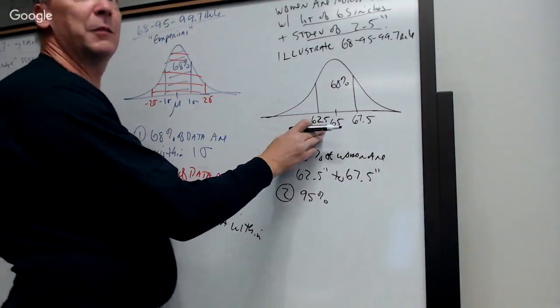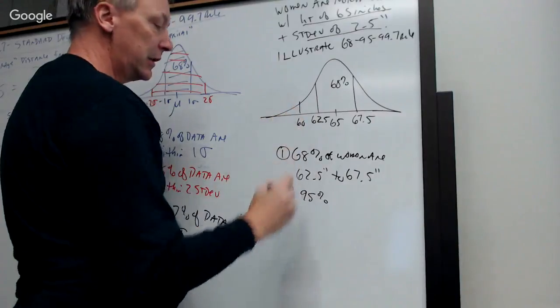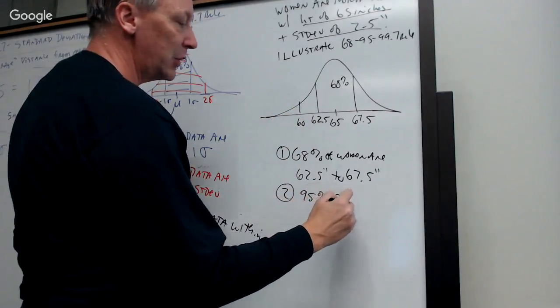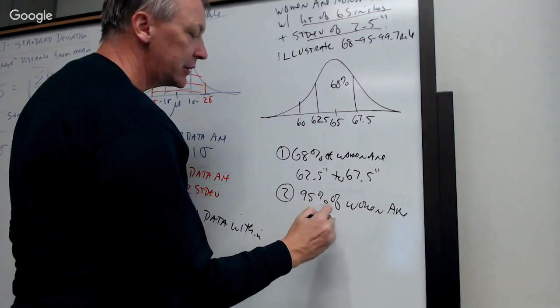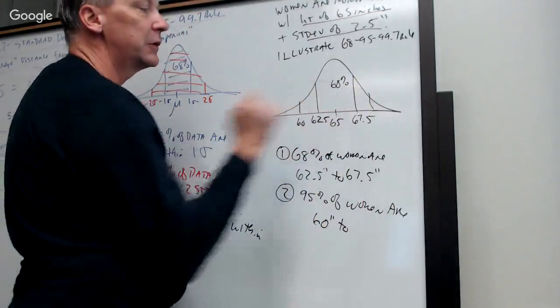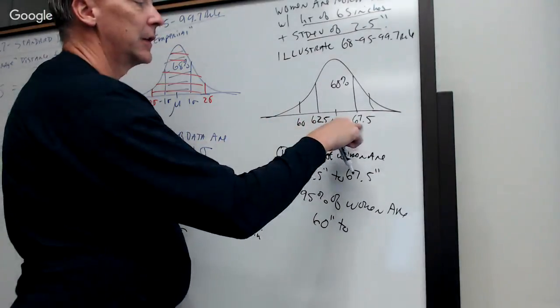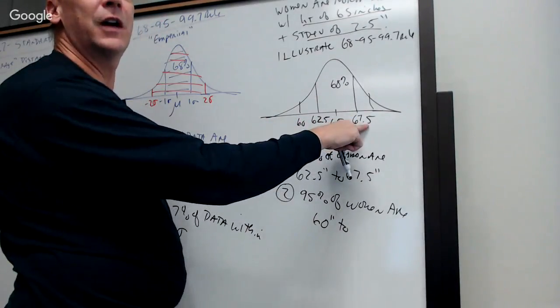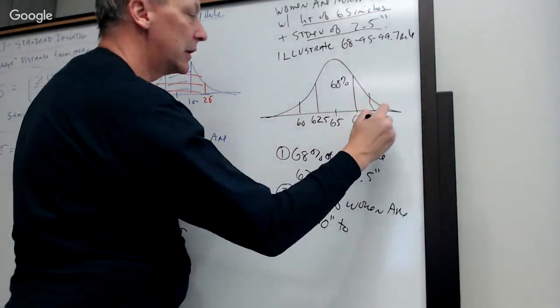So 62.5 minus 2.5 is 60. So 95% of women are 60 inches to, what's 67.5 plus 2.5? 70 inches tall.